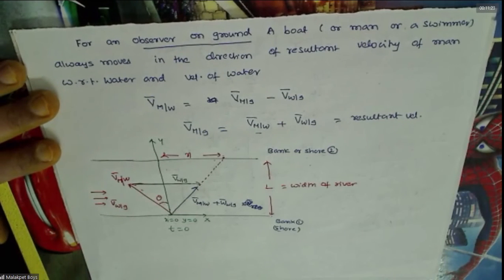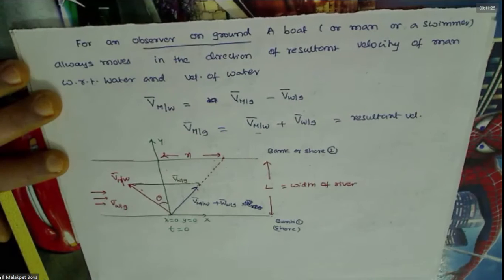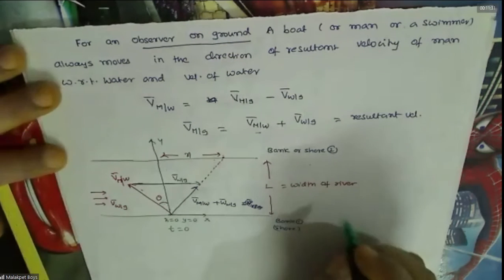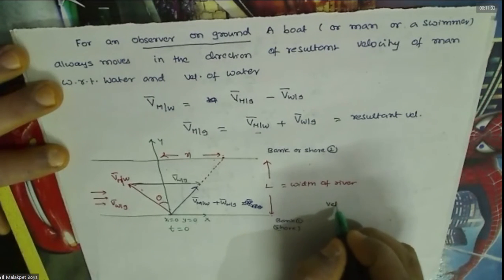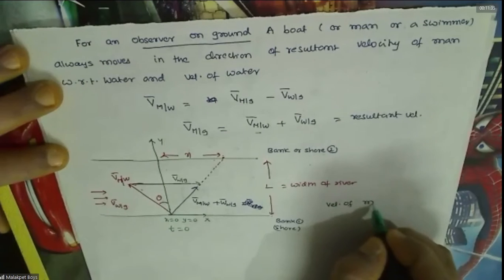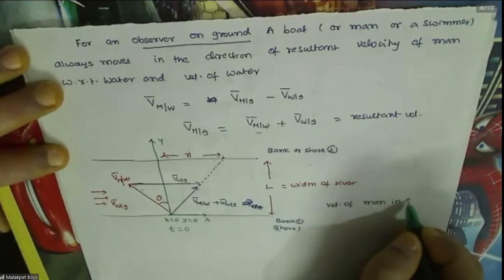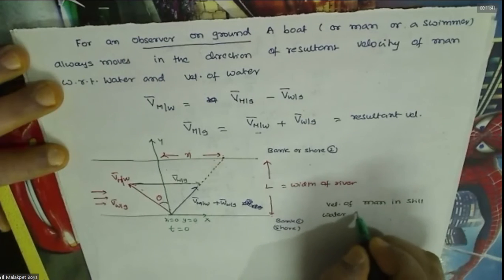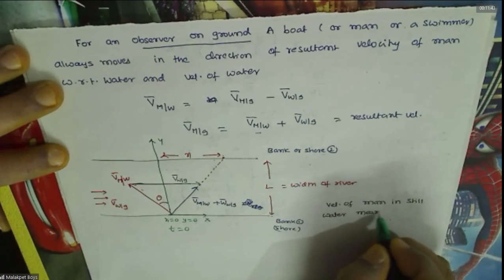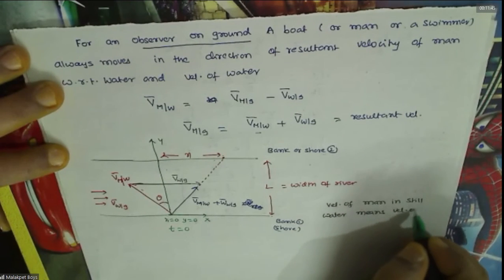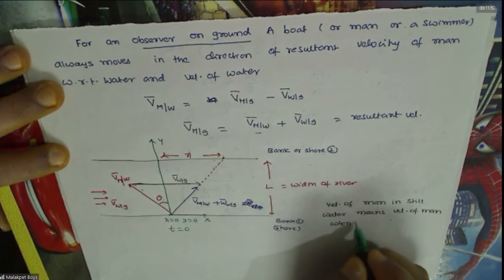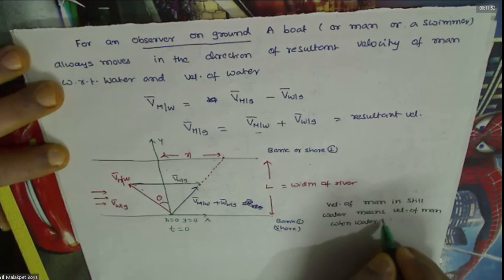Agreed? And I told you about the velocity of swimmer in still water. What is the meaning of that? Velocity of man in still water, as the problem will give, means velocity of man when water is at rest.